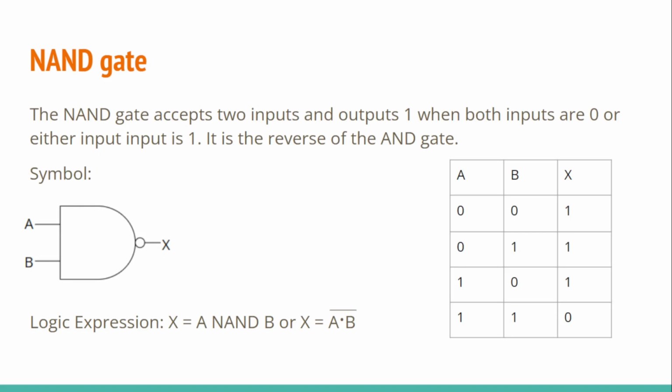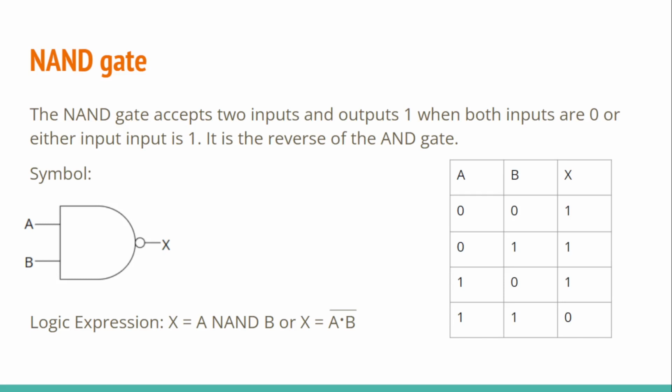The truth table shows that the outputs are 1 based on the conditions stated above. And of course, the only time the output is 0 is when both inputs are 1.